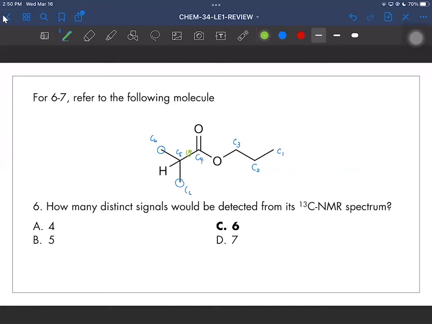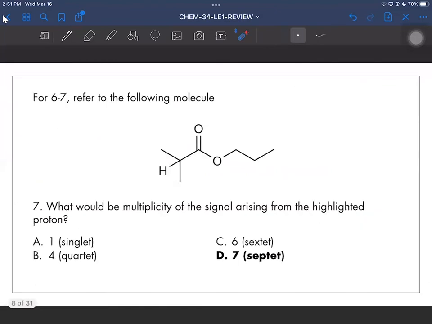So since freely rotating lang yung bond, they will experience the same environment. And therefore, both methyls are actually just chemically equivalent. So let's count na ilang distinct carbons tayo meron. So 1, 2, 3, 4, 5, and 6. We have 6 distinct carbons, and therefore we expect 6 distinct signals. So our answer is letter C.